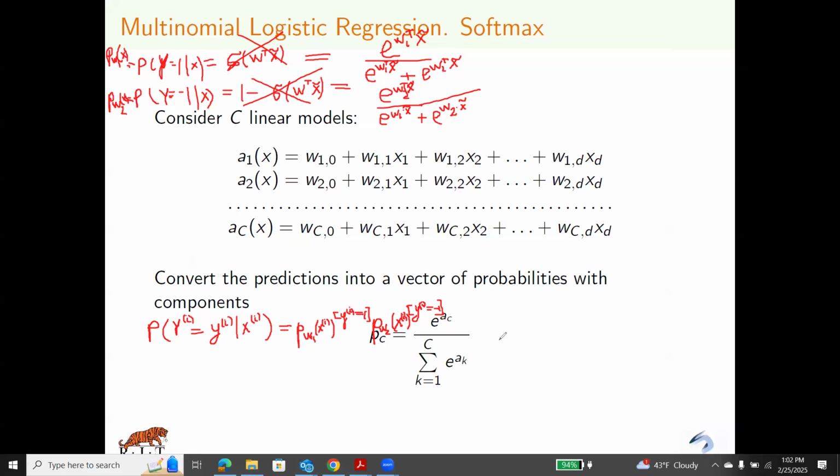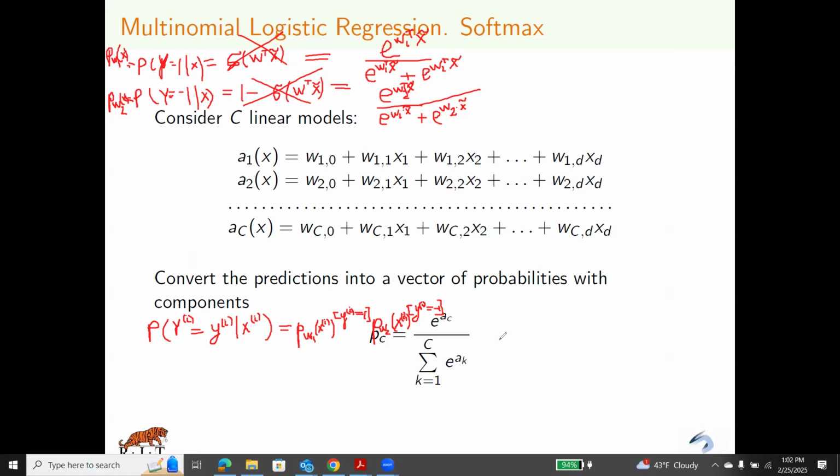It's false, so it's 0. And any number to the power 0 will be 1. So for class 1, if y equals 1, this formula results in the probability of the first class. If our y is -1, then this will be 0 and this will be 1, and we will get the probability of the negative class.